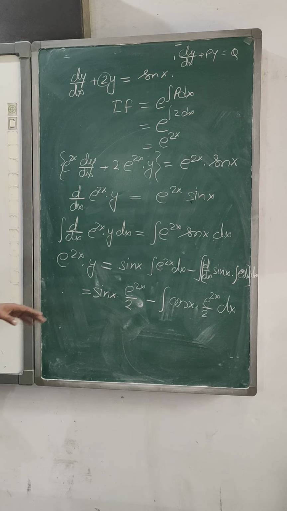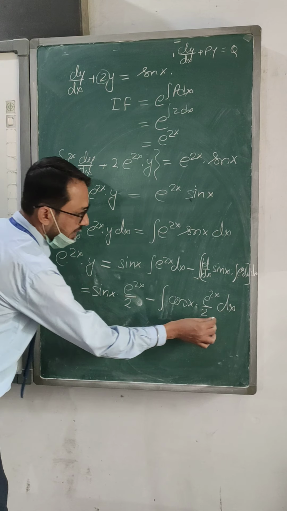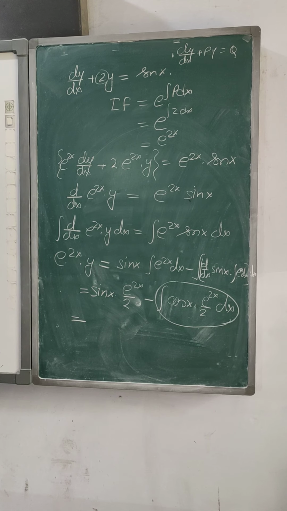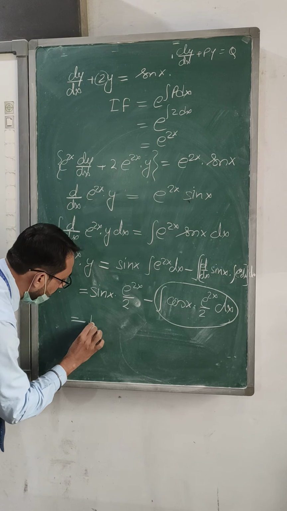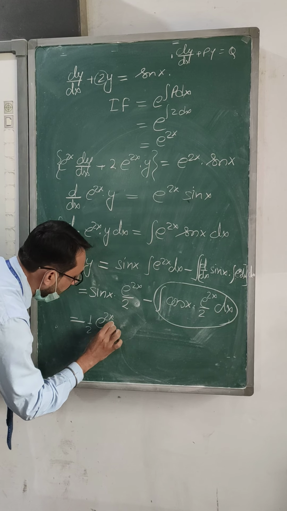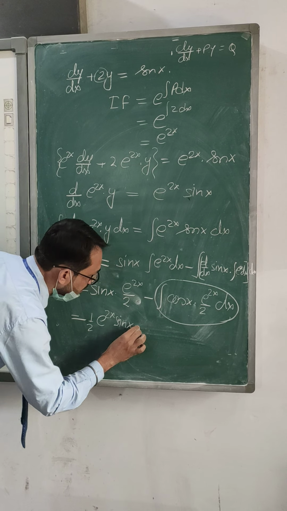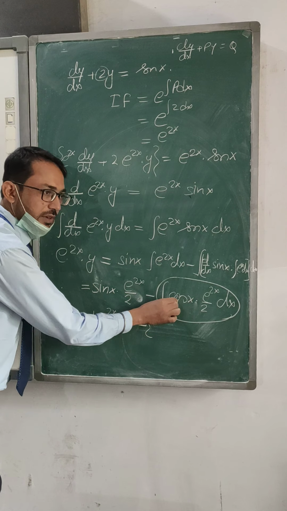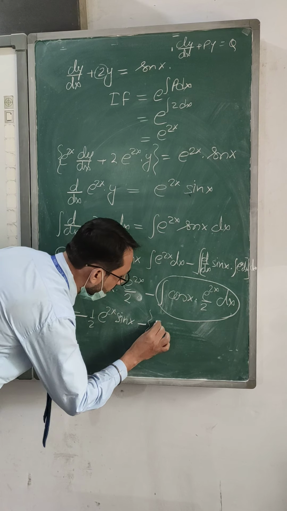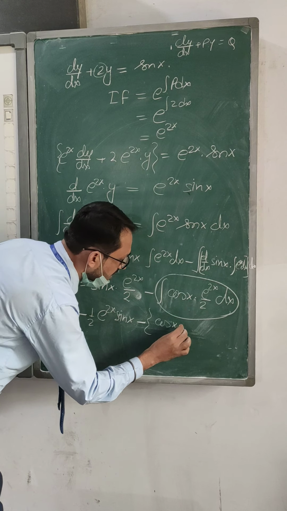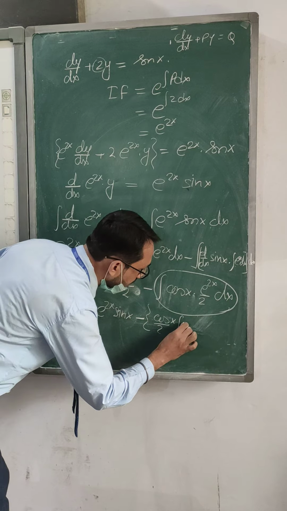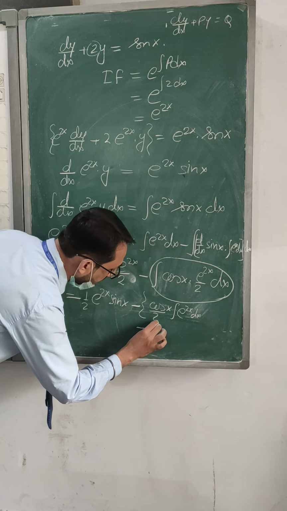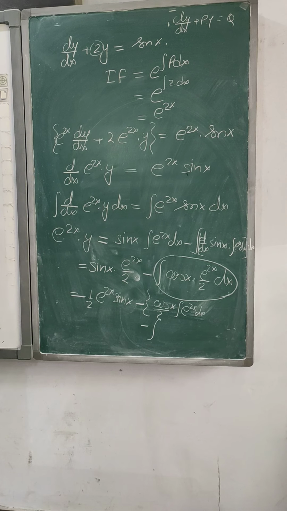Now further, this integral again we need to integrate, which means further integration. So 1 by 2 e to the power 2x sin x minus the first function, that is cos x, into integral of the second function e to the power 2x dx, minus integral of the differentiation of cos x.